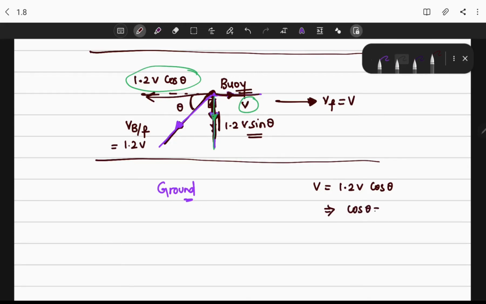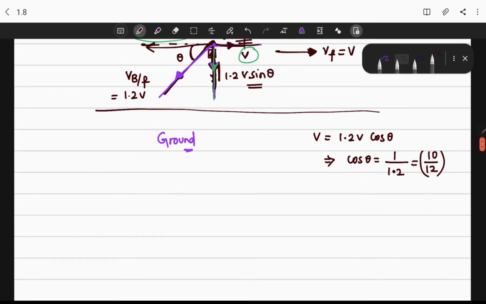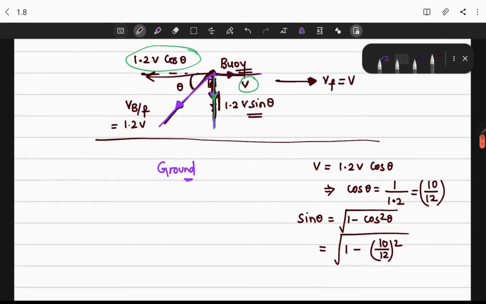So cos theta is 1 divided by 1.2, which equals 10 upon 12. And from here sin theta is the square root of 1 minus cos square theta, that equals the square root of 1 minus (10 upon 12) whole square. So this is the sin theta we get.